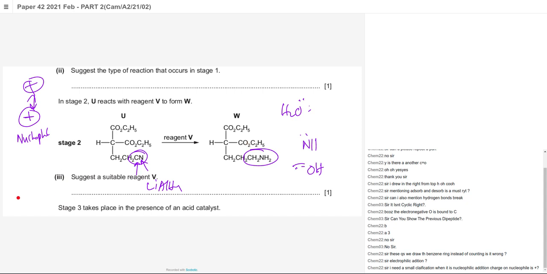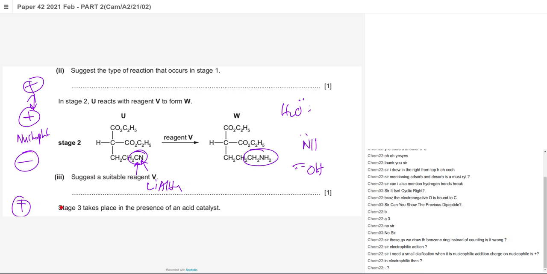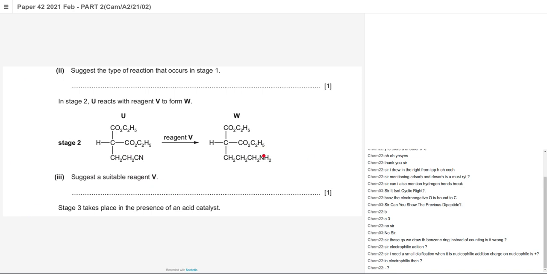Nucleus, phile: loving. Nucleus-loving species. An electrophile is electron-loving. It can be positively charged, it can even be neutral, for example bromine in addition of bromine to an alkene. Bromine is neutral. How can an electrophile be negative?